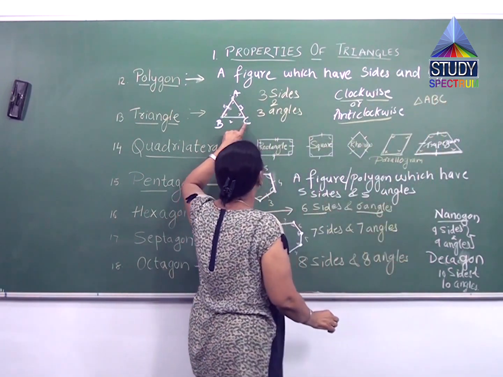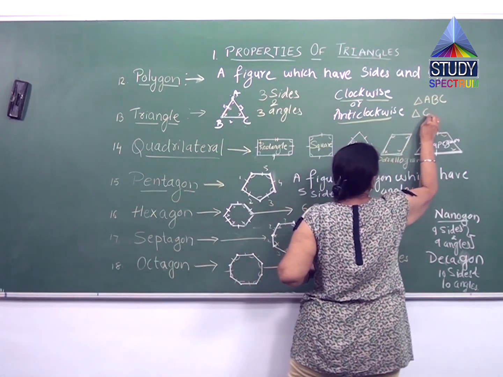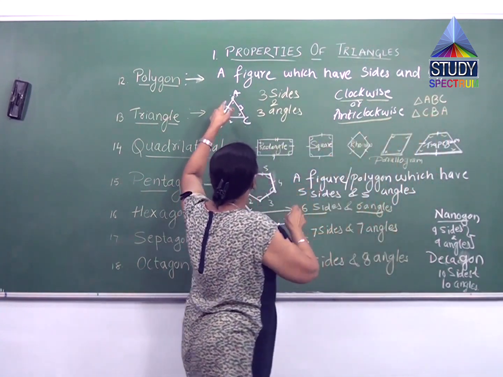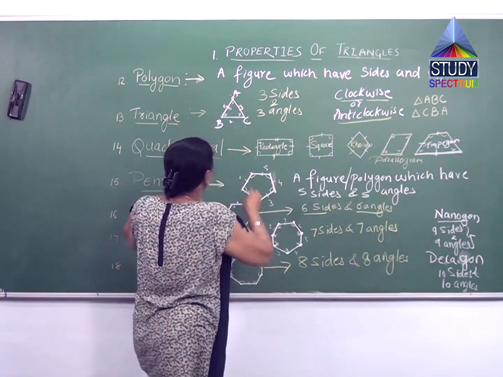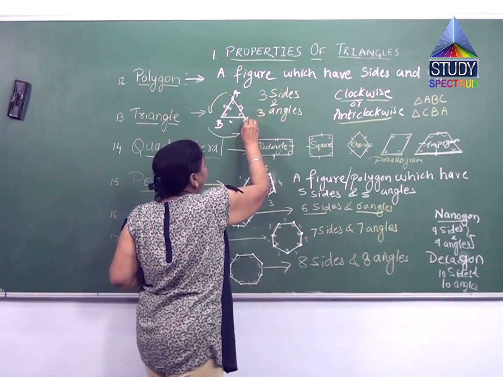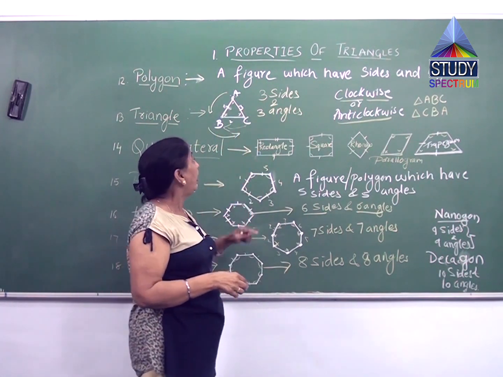Or if I want to start from here, I can also write triangle CBA. If I am starting from this side, this is known as clockwise. And if I am starting from this side, this is known as anti-clockwise.